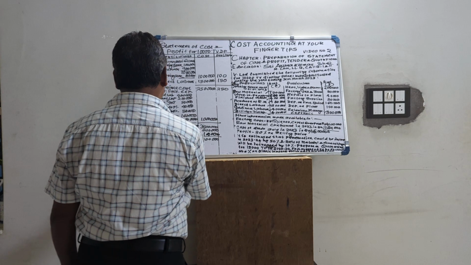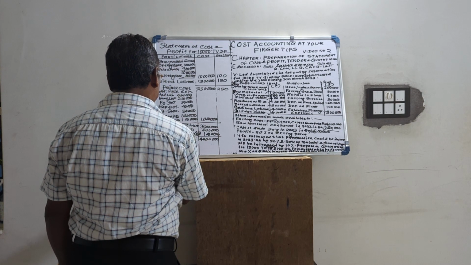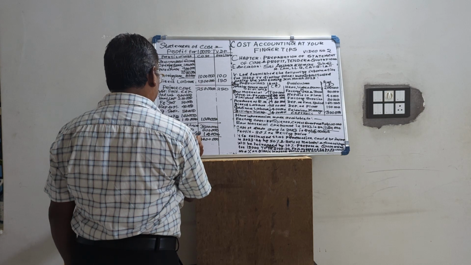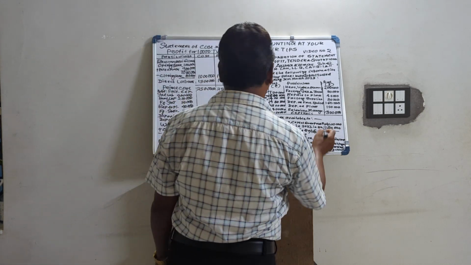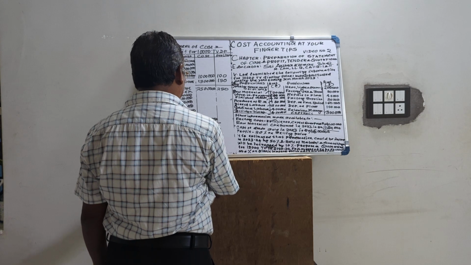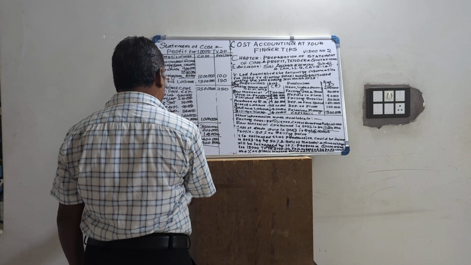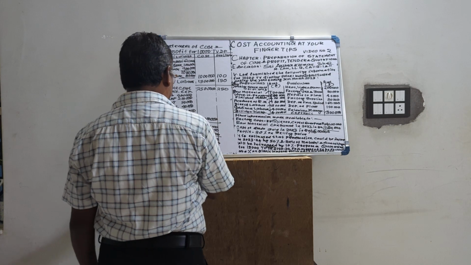Then add office and administrative overhead. Your administrative office overhead is 5 lakh. So cost of production is 45 lakhs.